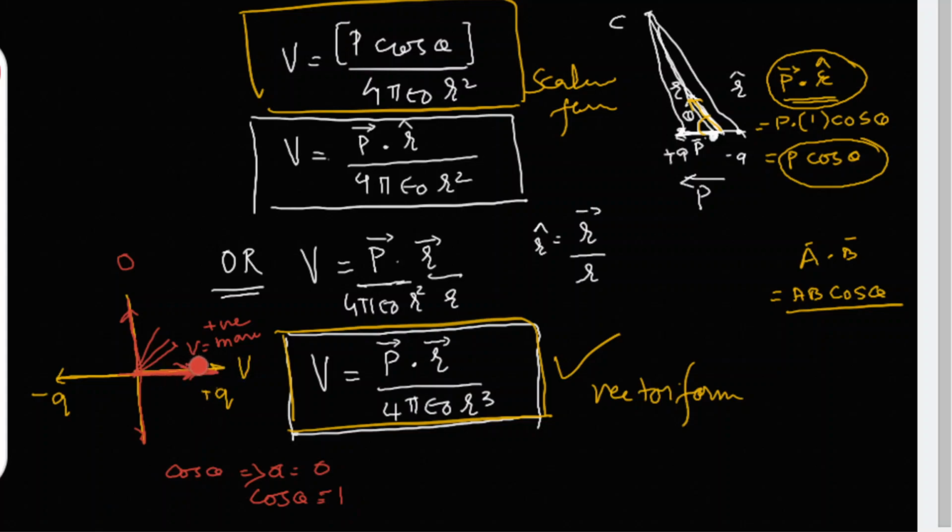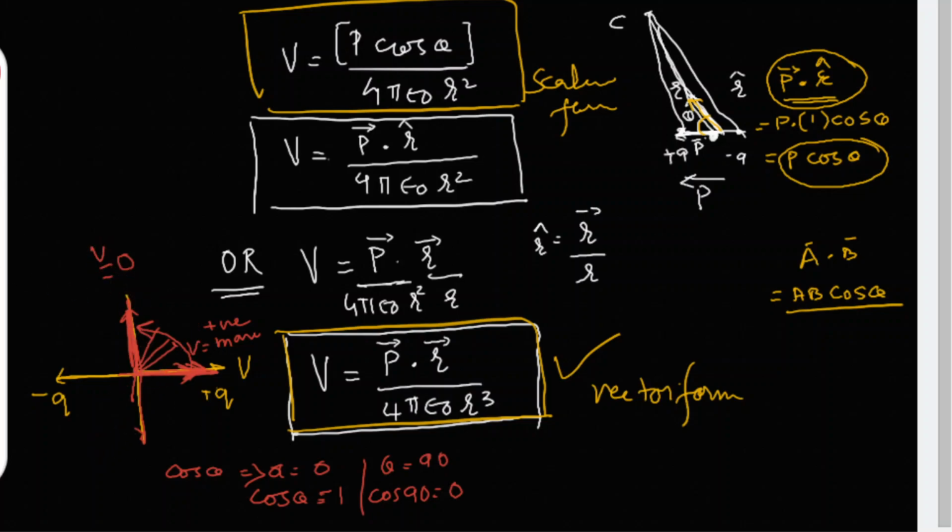So the maximum potential you are getting here. So as you go like this, from this to this position, you will get here theta is equal to 90. As theta is equal to 90, that time cos 90 is 0. So at this moment here you will get V is equal to 0.